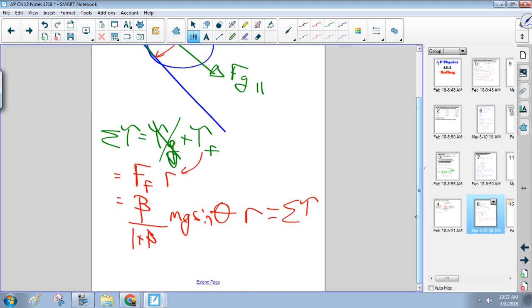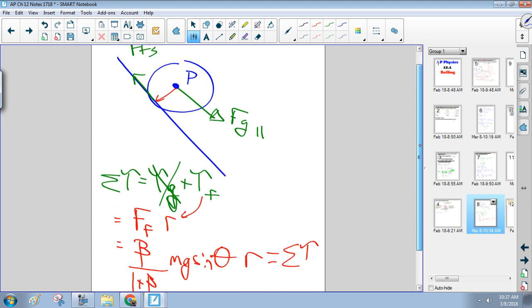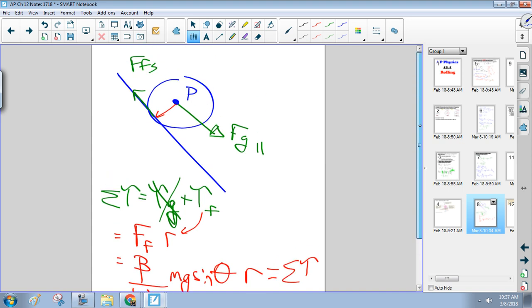Is everybody good with the net torque? Carly, you're still making the scrunchy face. Patrick? What was the last thing you did? Sorry? Can you go up one? A little higher? To the last thing. Oh, like back a slide?